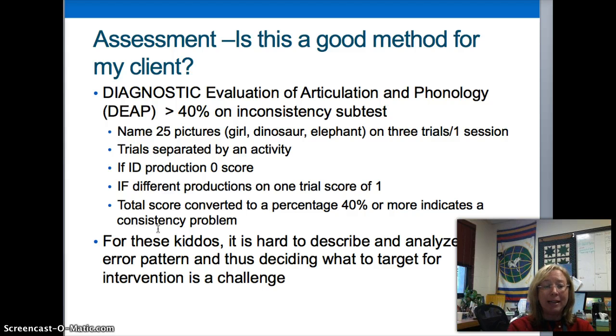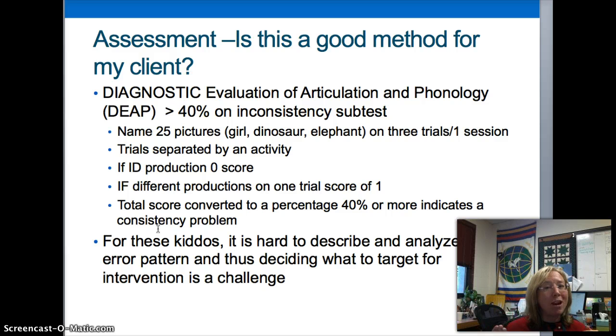So when we go to assessment, is this going to be a good method for my client? There is a nice diagnostic. It's called the DEAP, the Diagnostic Evaluation of Articulation and Phonology test. And there's a subtest on this DEAP, D-E-A-P test, called the consistency, or inconsistency, subtest.